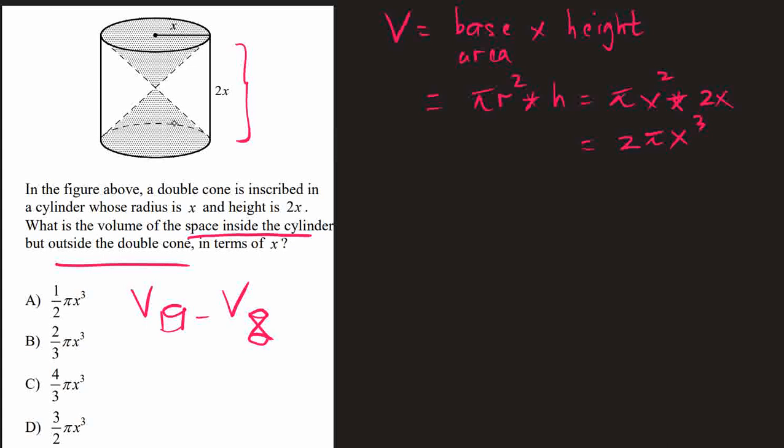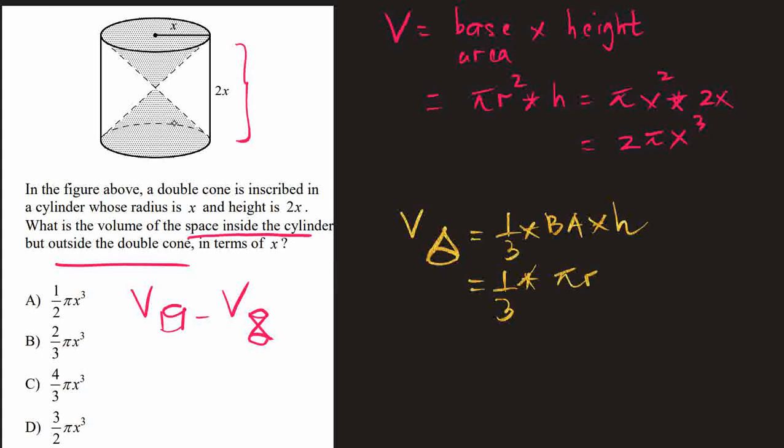Now to count the volume of the cone, we count one volume of the cone and times 2. For a cone or any 3D shape that has a peak like this, like a mountain, we have to add 1/3 to the formula, so 1/3 of base area times the height. Now the base area is the same, a circle which has the area of pi r squared.